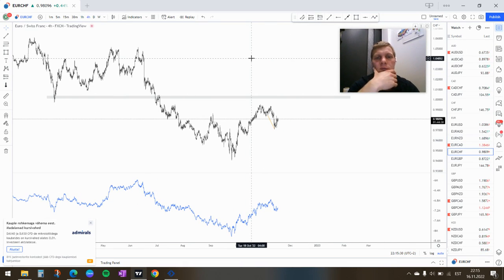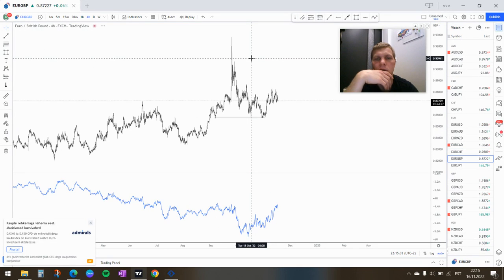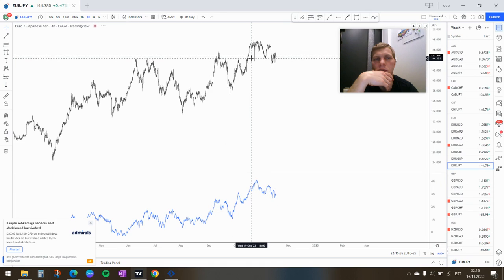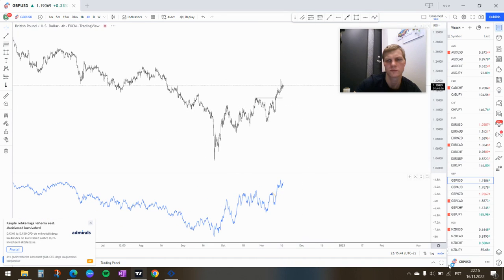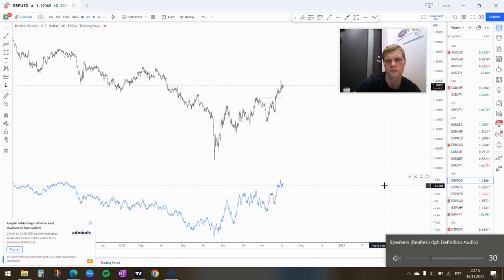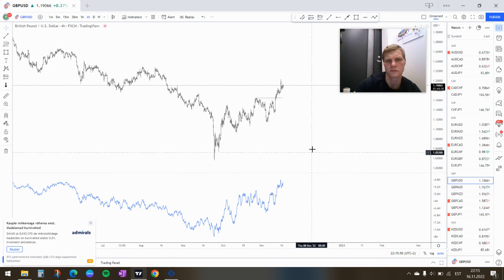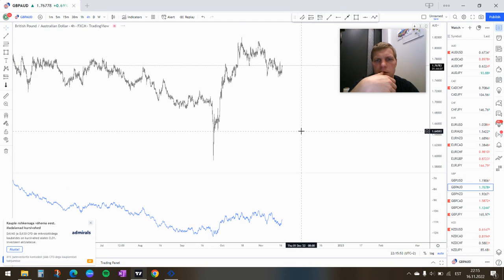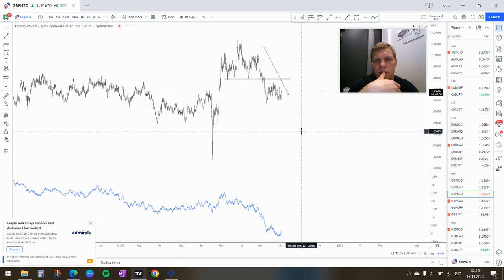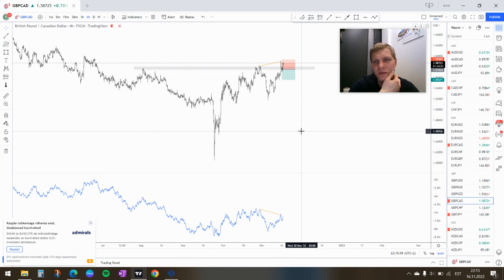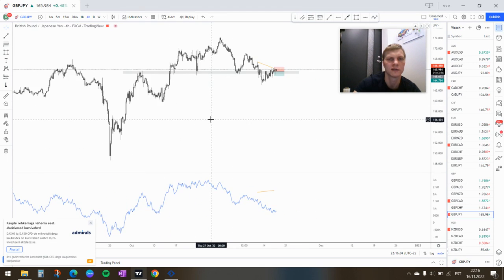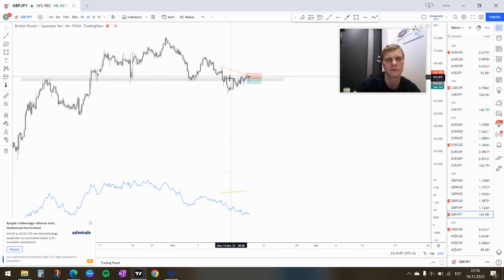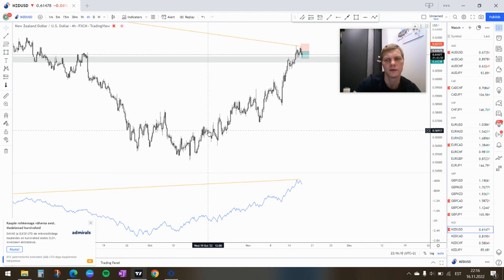Euro CHF, waiting for a pullback up. I don't know what that's doing here. Anyway, if I have any trades, I'll post them in the Telegram. Right now, I don't see anything good.